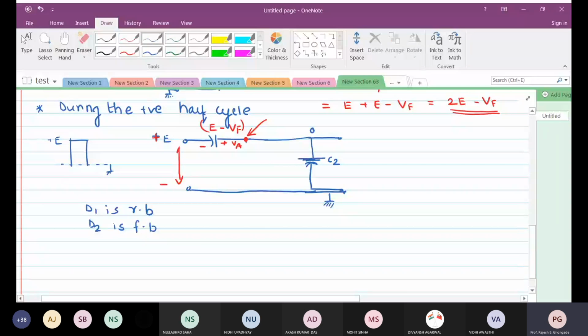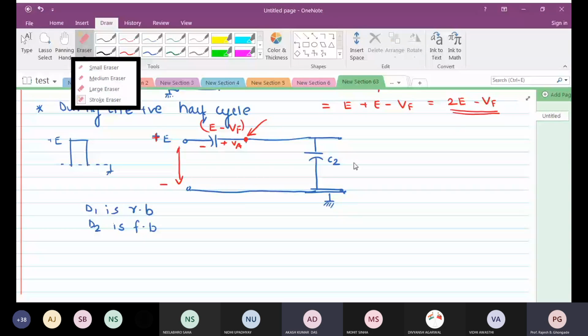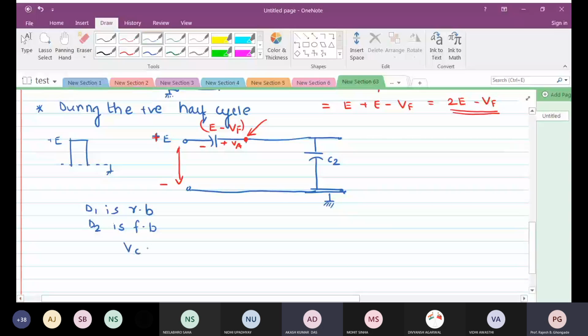Of course, there is a capacitor here which is not charged, but this capacitor will start getting charged. What voltage will it get charged to? VC2 will get charged to 2E minus Vf.